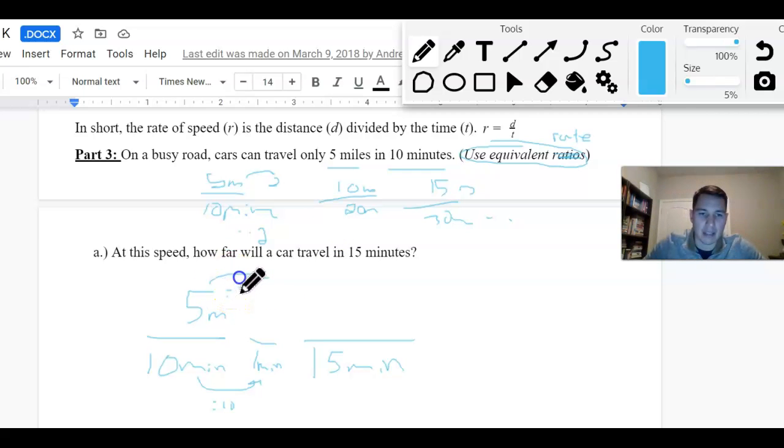We divide by 10, we get 0.5 miles in 1 minute. Then we take this times 15. So we should get 7.5 miles per 15 minutes. If that's not right, I did it in my head, so I hope it's right. You can check with the calculator. Okay. Are we good? Hopefully.